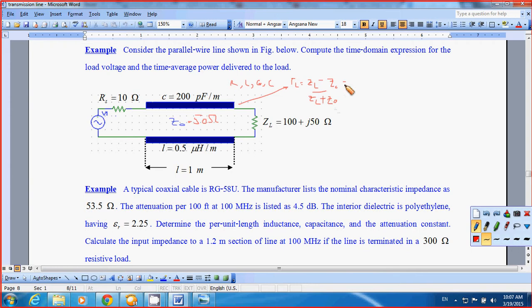You're going to end up with a complex number, with a magnitude and a phase angle of the reflection coefficient.